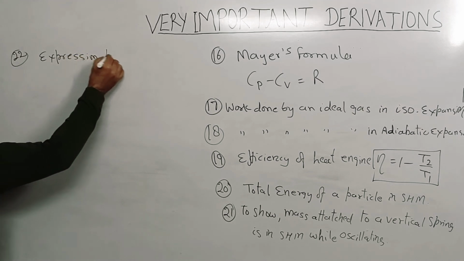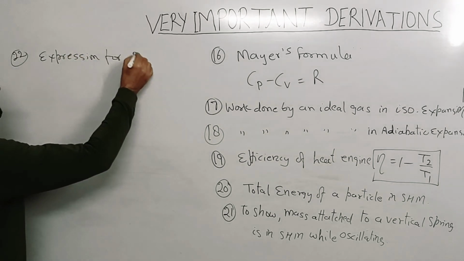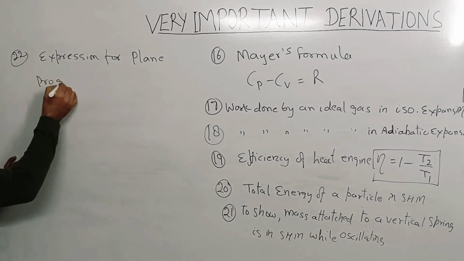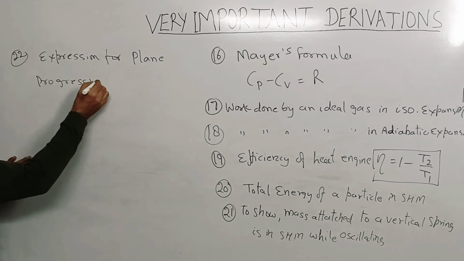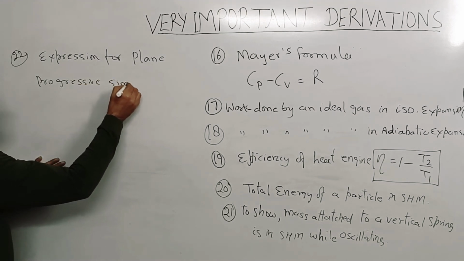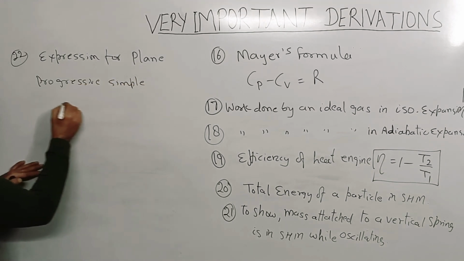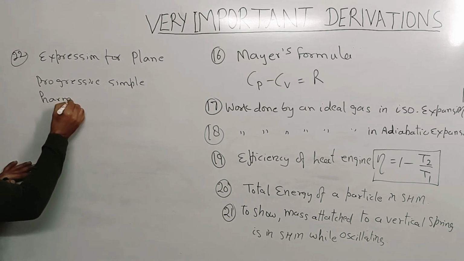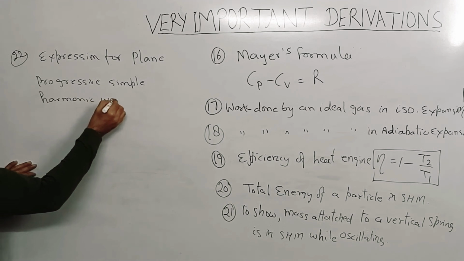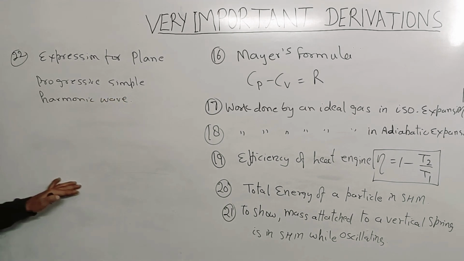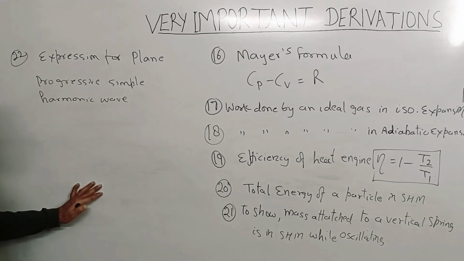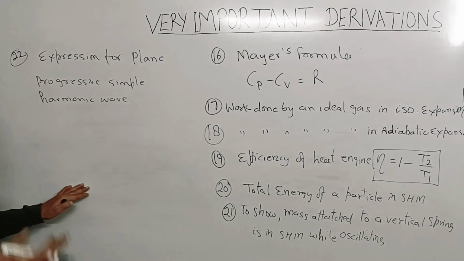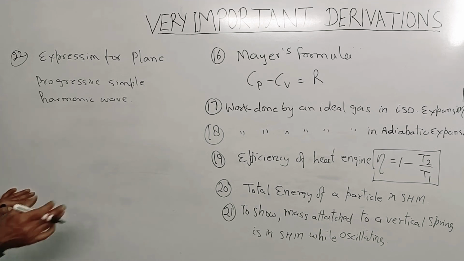Expression for plane progressive simple harmonic wave. There are three forms. First is y is equal to a sin(omega t minus kx), and there are two more forms.